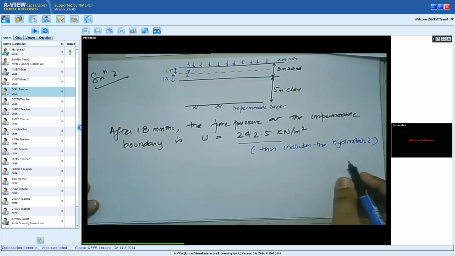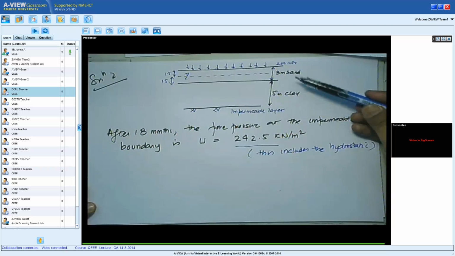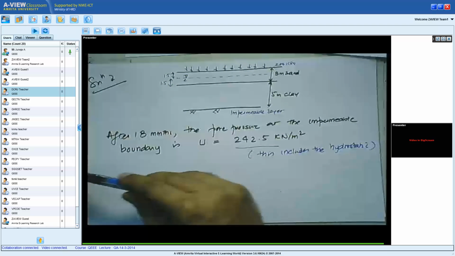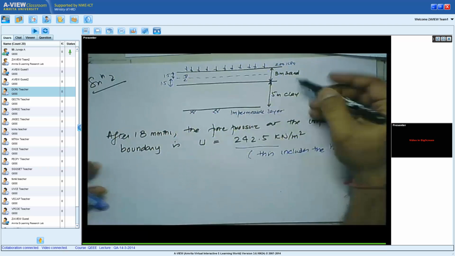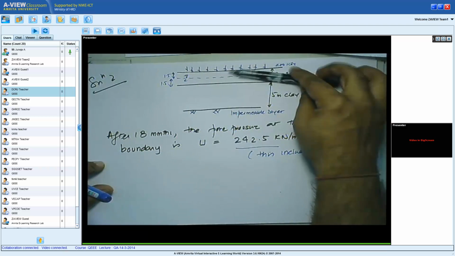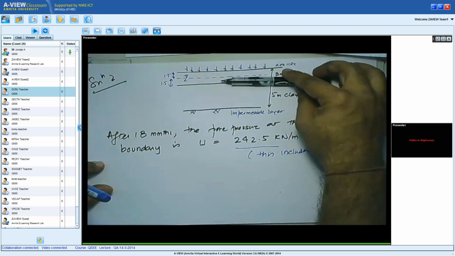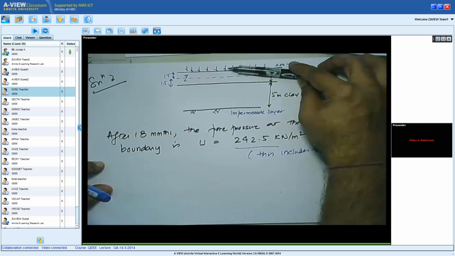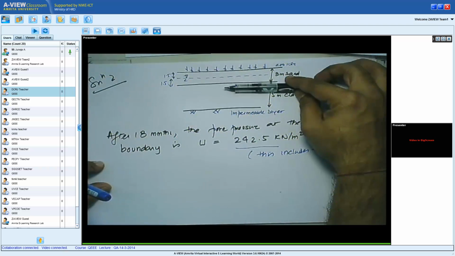Remember the question says 200 kPa was placed on the ground surface. So let's look at the history of this site. When 200 kPa was not placed, this clay layer was happily sitting over here. All of a sudden when 200 kPa was placed, the clay would have started to settle.